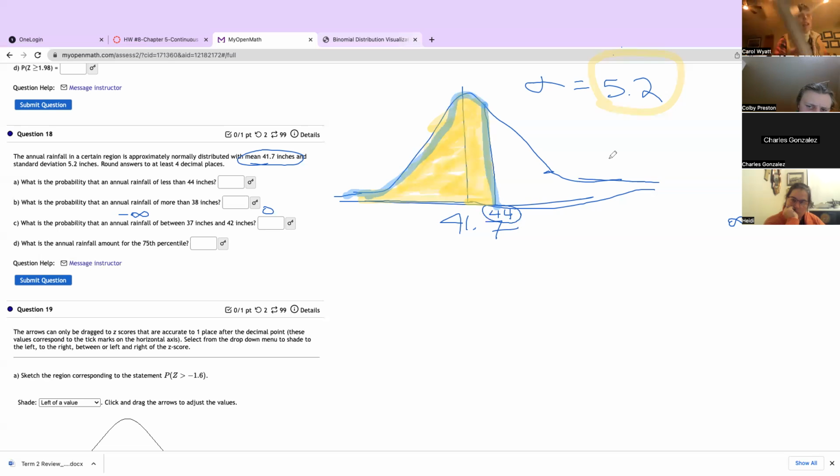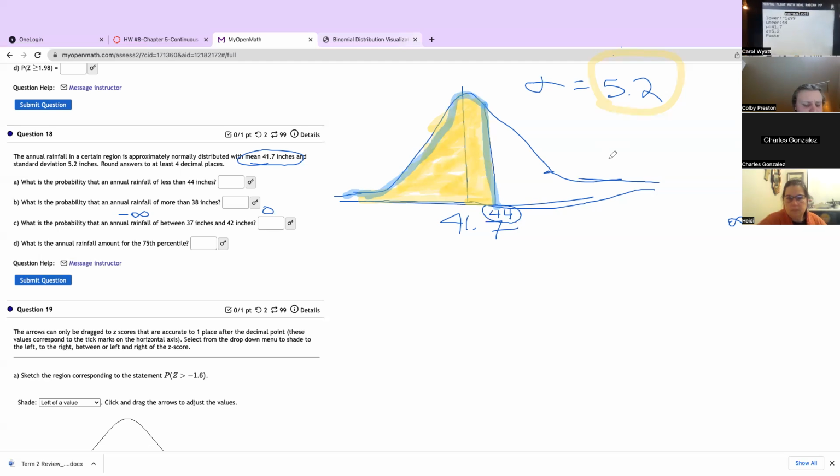And then it says, what's your upper limit? I want to go up to 44. It asks what's your mean? In this case, my mean is 41.7. What's your standard deviation? It's 5.2. So I enter all the points of my problem. Now this is giving me a probability.